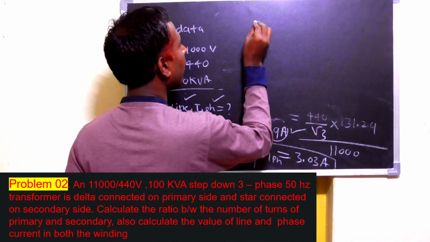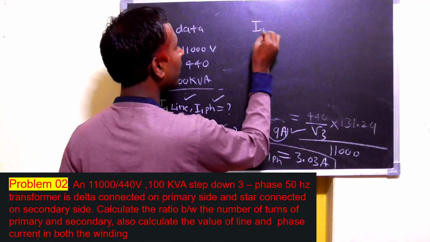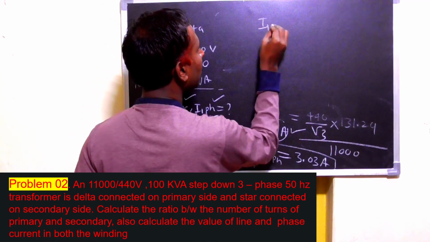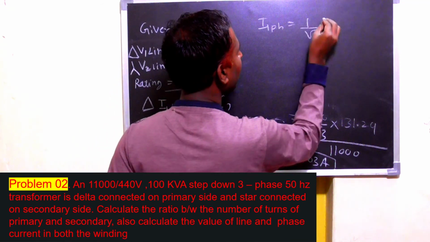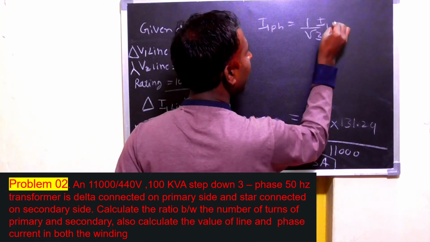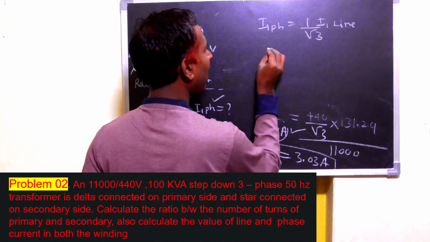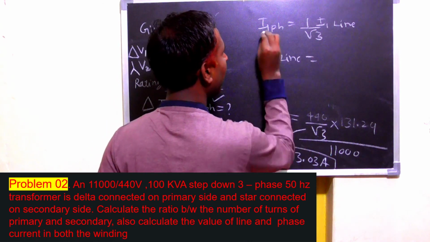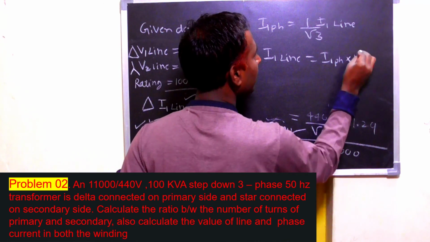Here we know that, I1 phase voltage equals 1 by root 3 I1 line voltage. This is the formula. I will find the I1 line. The formula becomes I1 phase into root 3.